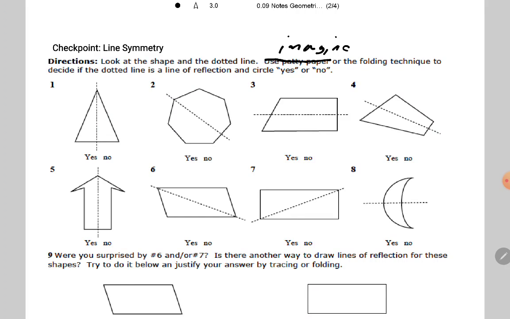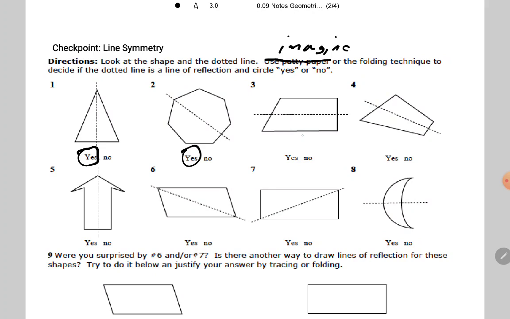So I'm going to fold this triangle in half. Are there any edges sticking out, or is it a perfect fold? Yes, this is a correct line of reflection. Number 2, does the bottom look like the top? If this is drawn perfectly, then yes.